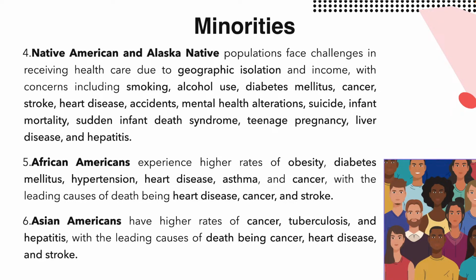It's African Americans. They're going to have high rates of obesity. You're going to have diabetes, of course. Hypertension is very important; probably one of the things they ask the most about African Americans is hypertension. Remember, people of African descent or darker complexion of the skin tend to retain sodium.